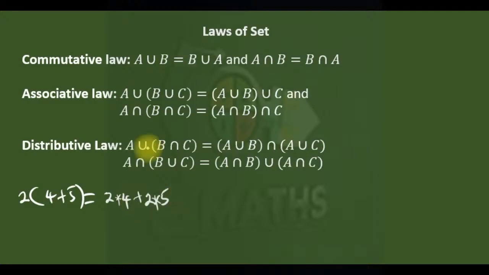So that's what is happening in distributive. A union B intersection C, where intersection is like the plus, I'm using this so that you remember it. That's distributive law: A intersection B union A intersection C. It's easier to solve this than this, so in some questions they might give you this and ask you to solve, so you better move it to this. It's easier.